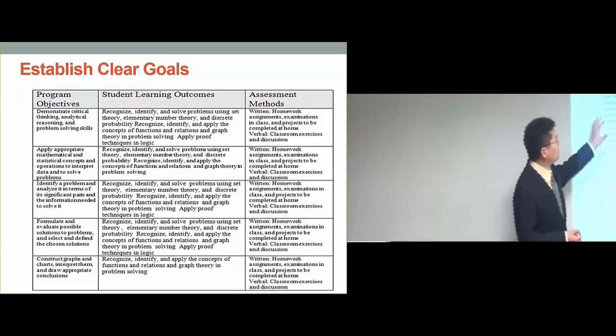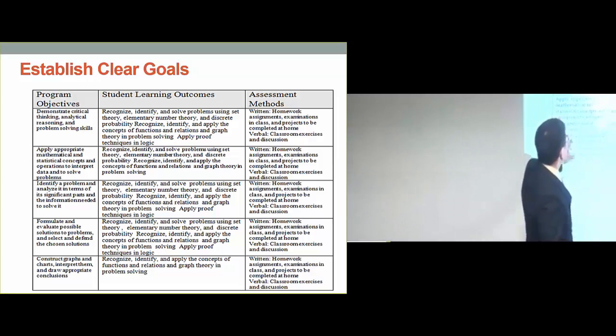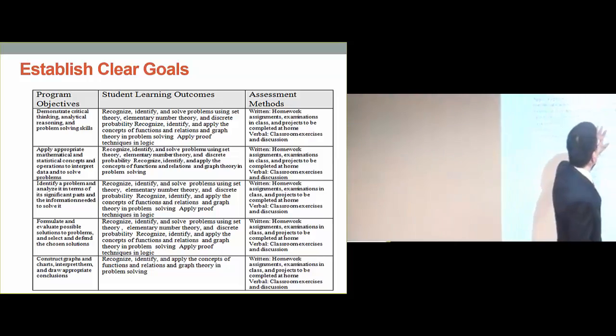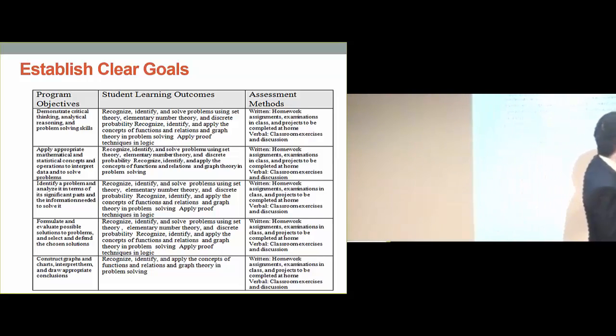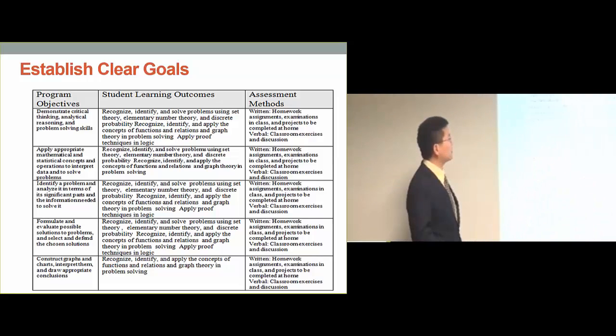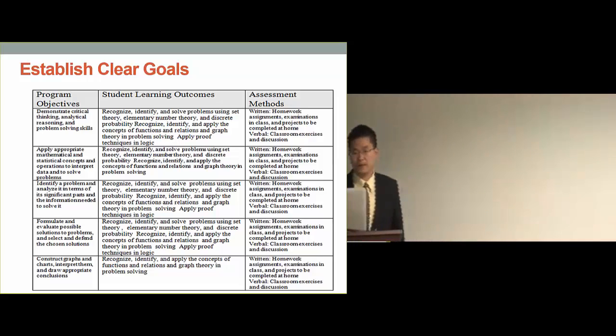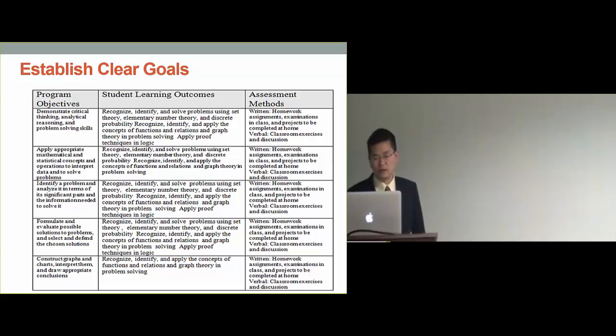So we are preparing that. So this is the program objectives, and then we have the students' learning outcomes, and then how to assess. So that gives the students a very clear idea of what we're supposed to learn for each and every concept, and then how they will be assessed.